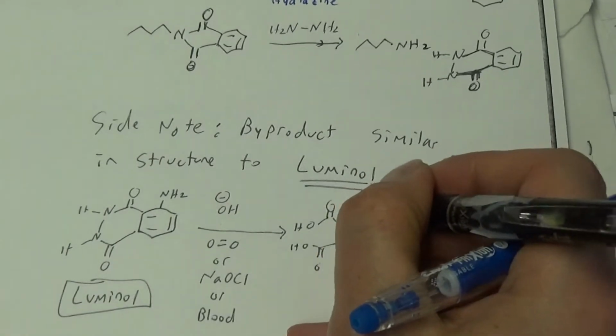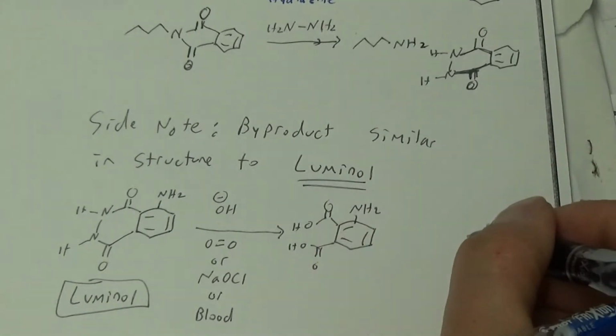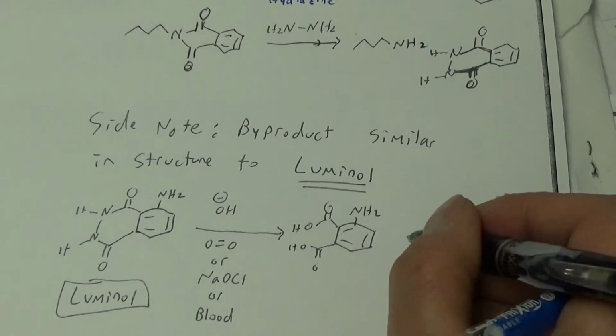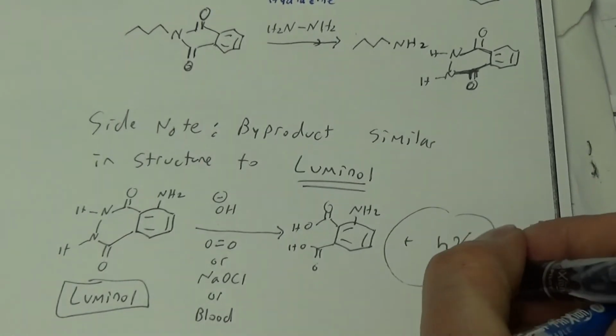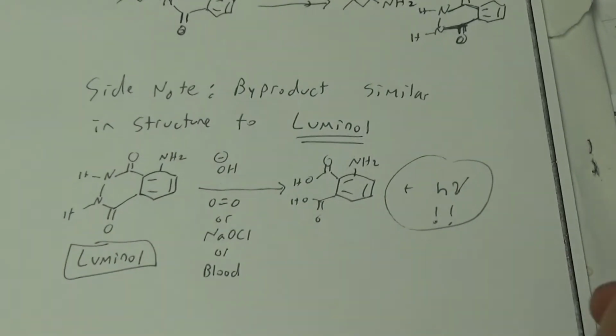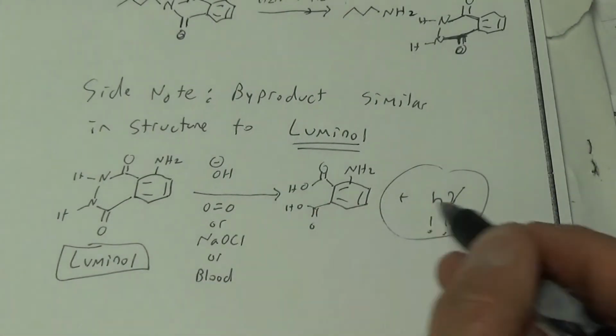Benzene, NH2, and it produces light. So it actually produces a photon of light, and that's how it could be used as glow sticks.